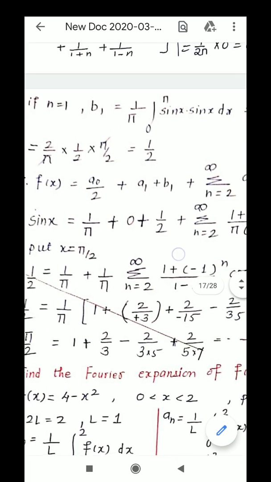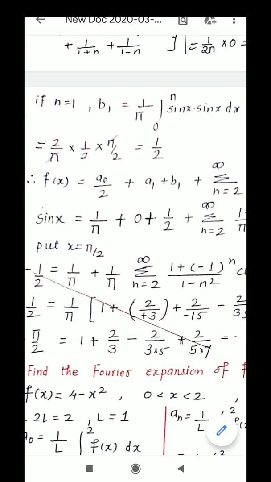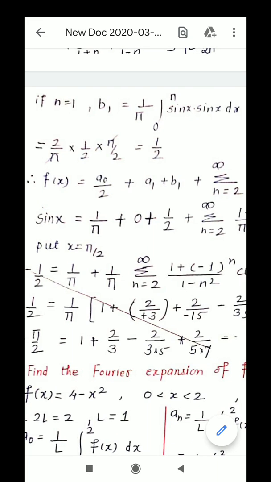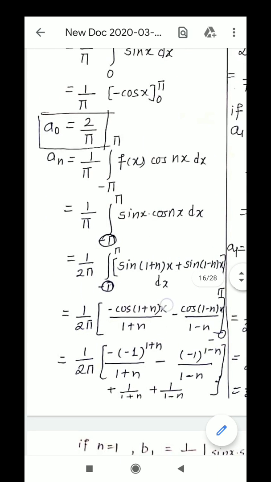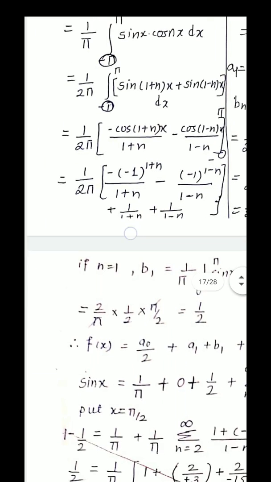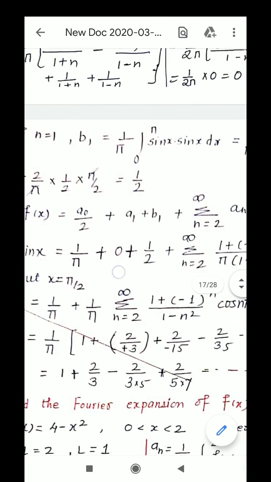Now here f of x is the given function, sin x, for x in 0 to pi, equal to a0 by 2 and so on. What is the value of a0? a0 is 2 by pi. So a0 by 2 means 2 by pi upon 2, that is, 2 gets cancelled, so 1 by pi here, plus the value of a1 is 0.